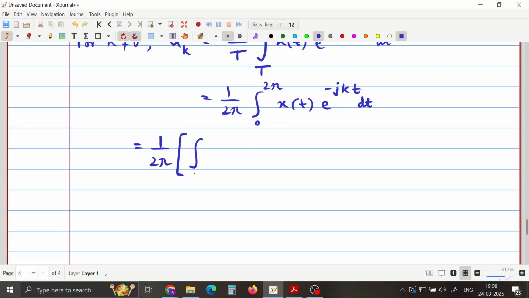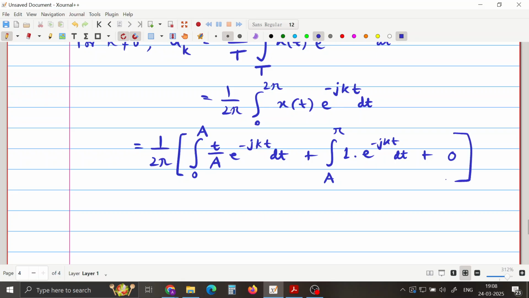Now again I'll split this integral into 3 sub-integrals. So 0 to a would be the first sub-interval, the same thing which I did for the computation of a naught, dt, plus then a to pi. From a to pi the value of the function is 1, so I'll have this inside integral. And of course the third part will not contribute because x of t in that interval, which is pi to 2 pi, is simply 0.